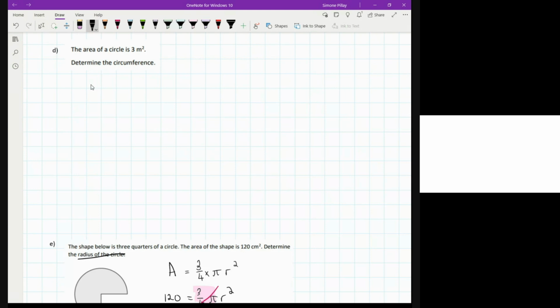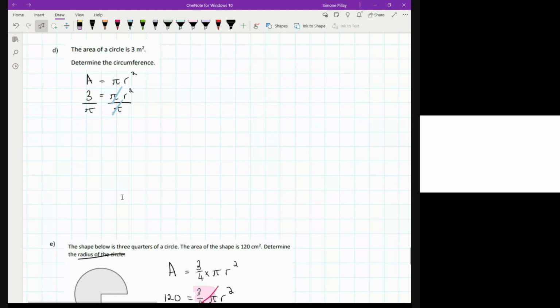So I'm going to say area is equals to pi r squared. The area is 3, so you substitute that in: 3 is equals to pi r squared. Now you want to get rid of pi, so you divide by pi, and 3 divided by pi is 0,94.